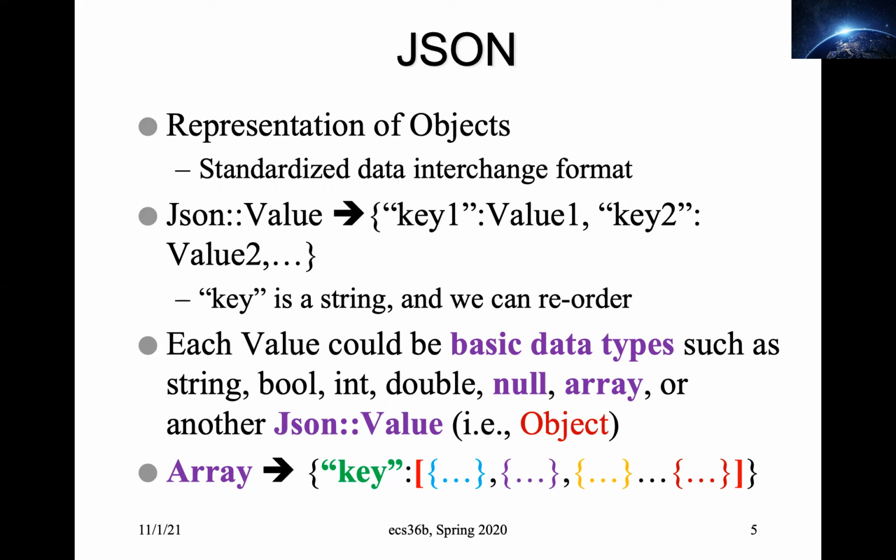The value could be a basic type, such as a string, Boolean value, integer, double, or null, or an array. Those are the possible basic types, but there is another one: it could be an object.